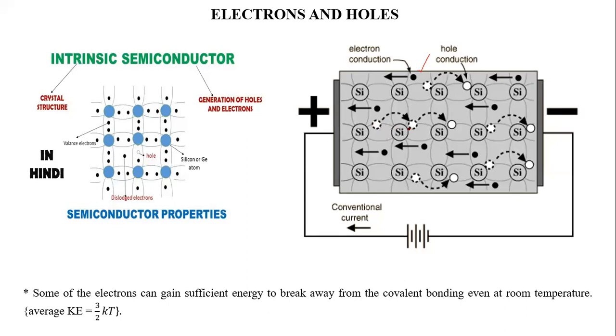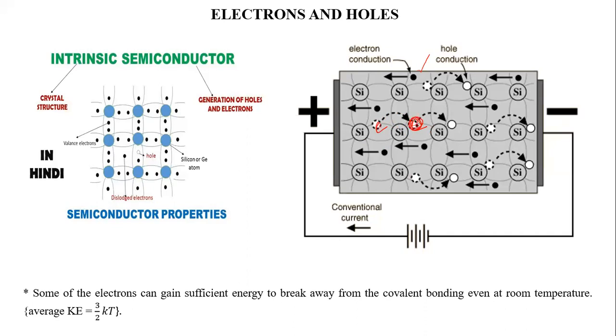The transfer of holes from one covalent bond to another will occur when you apply an electric field, such that under the action of this applied field, electrons in the neighboring covalent bond can jump to this vacancy. Once this electron jumps to this vacancy, it will occupy this location, and you will find that the vacancy is shifted to the previous location.